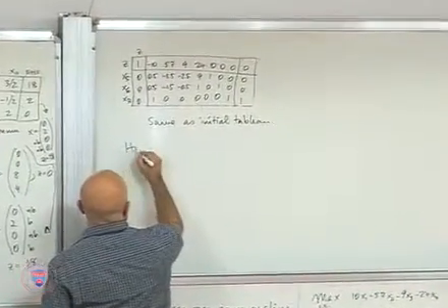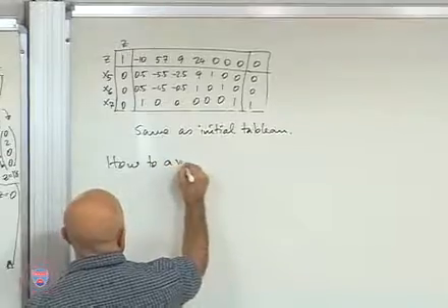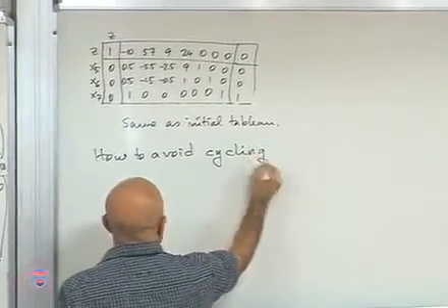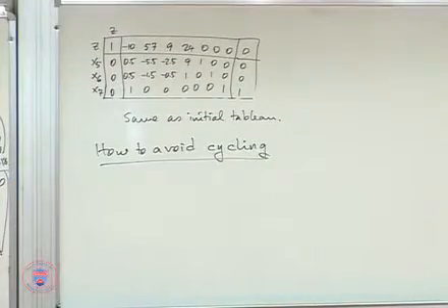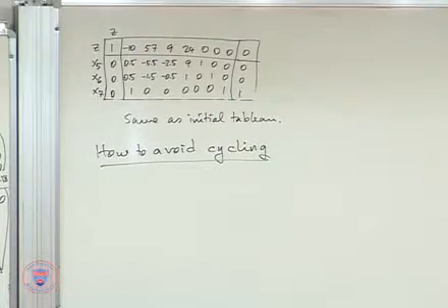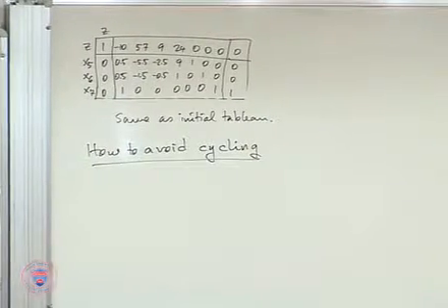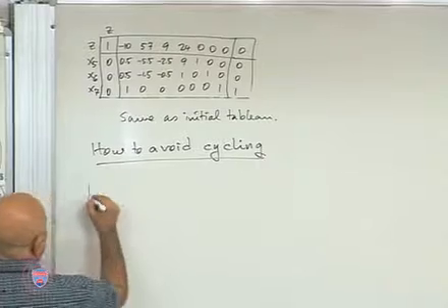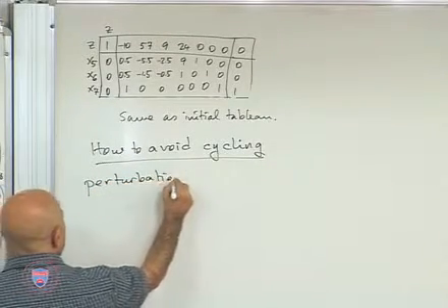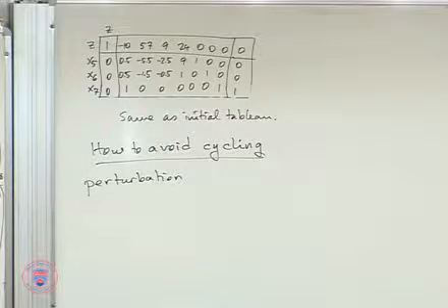To take care of that, there are a number of ways of attacking that problem. The first suggestion that was made in the literature was to use the perturbation technique. I'm not going to go through the details of that, but in the perturbation technique, what you do is, let me have your attention here.